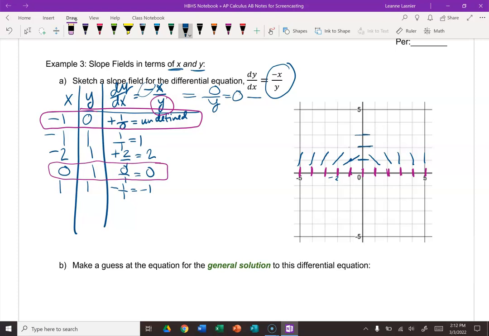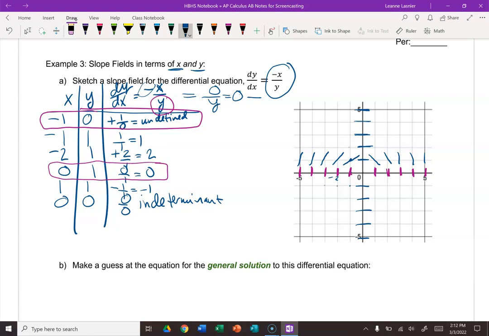So I know that all along the y-axis, which are the values when x is 0, I have horizontal tangent lines. And this one just doesn't have anything, because 0 over 0, when x and y are 0, is indeterminate. That's different than undefined. That's just like, we don't know what that is, so there's just nothing there. And then these would all be horizontal. So there are some patterns we can notice to help us not have to plug in every single one of these points. But notice that I will have to plug in quite a few more values to see what that trend is.